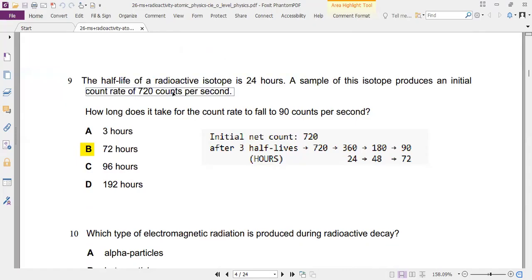So from 720 to 90. So from 720, step by step, 720 at 0 hours, 360 after 24 hours, 180 after 48 hours, and 90 after 72 hours. B is the correct choice.